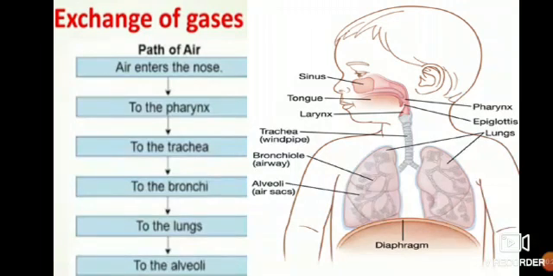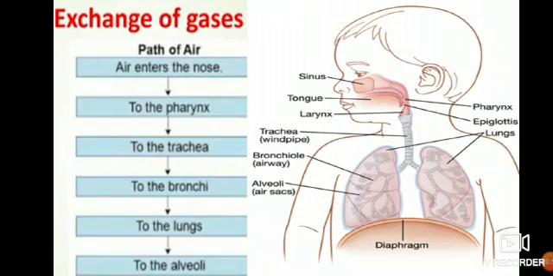After trachea, it will go to bronchi, which is known as bronchioles. So after bronchi, it will go to the lungs, and then finally to alveoli. So as the air is surrounding us, when we inhale, what happens?